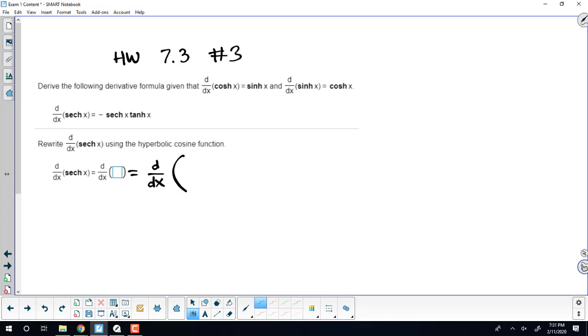So we're taking the derivative of 1 over cosh. That's what they asked next. I think that's all they want there.